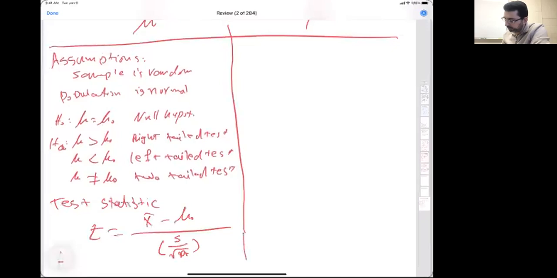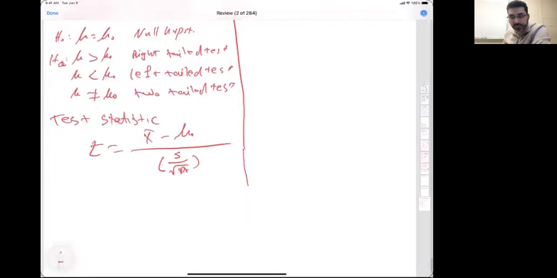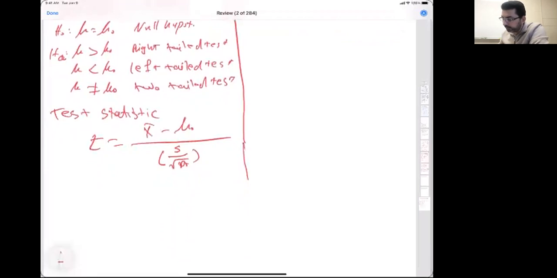Unfortunately, we cannot use the tables to find the p-values for the T distribution because the table doesn't contain all values we can calculate.